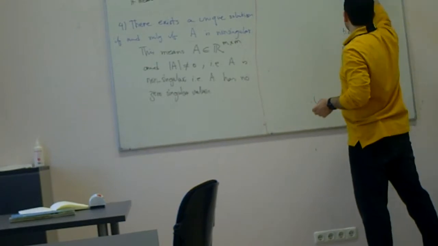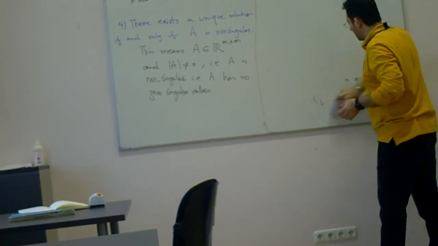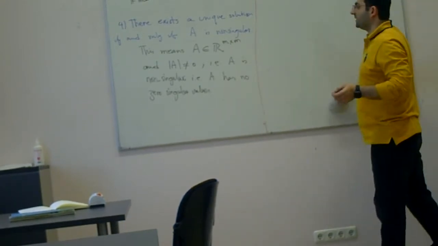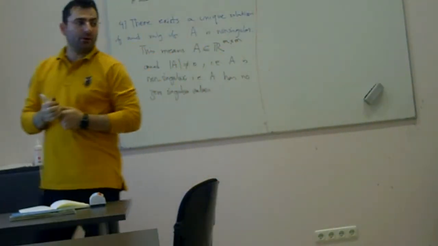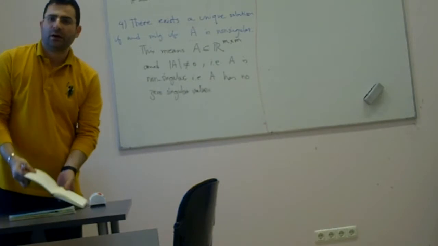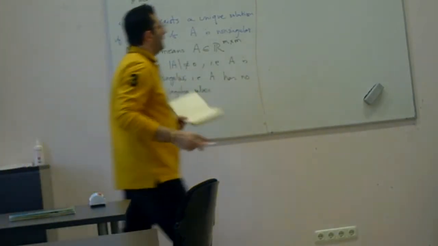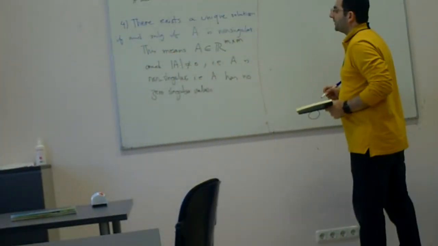There are 2 more, but the proof of each of them, if you refer to the book, previous theorems of previous chapters can help you prove. We don't care about the proofs. We need them because later we use them to prove some other theorems.